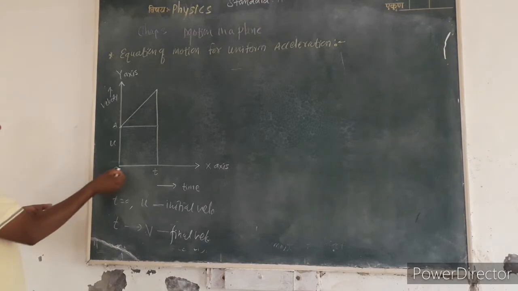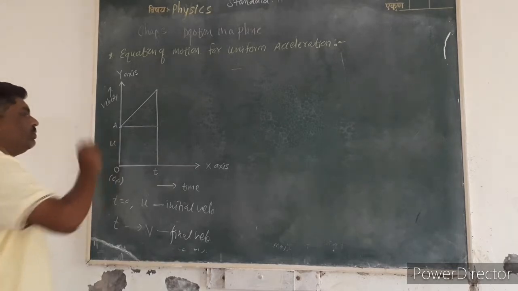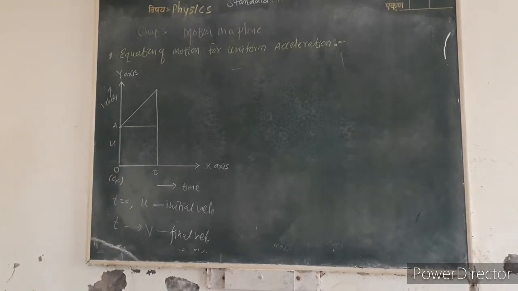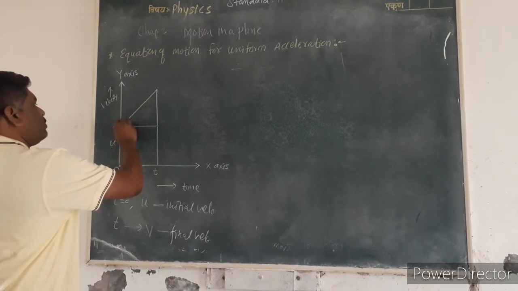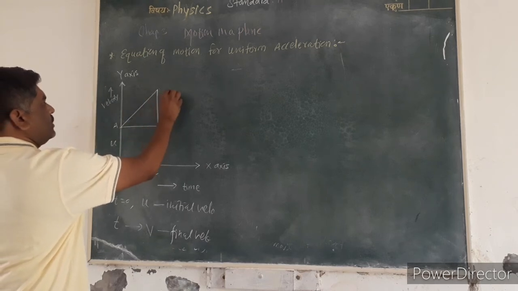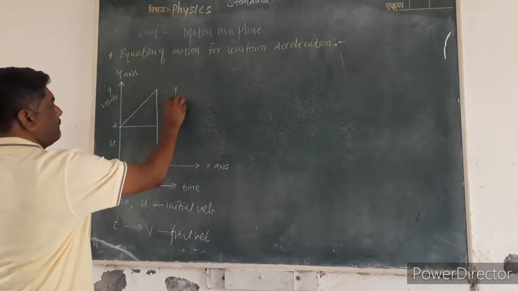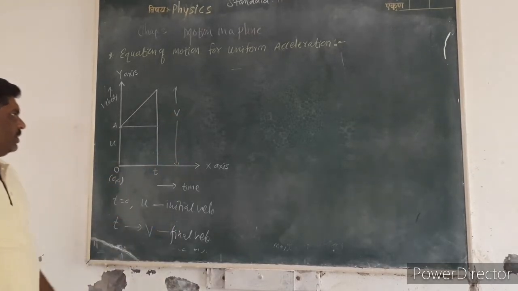At time t equal to 0, the object attained velocity u, that is initial velocity, and as time increases from 0 to t, the velocity increases from initial to final. This is the final velocity.